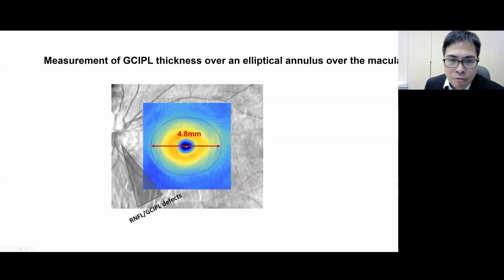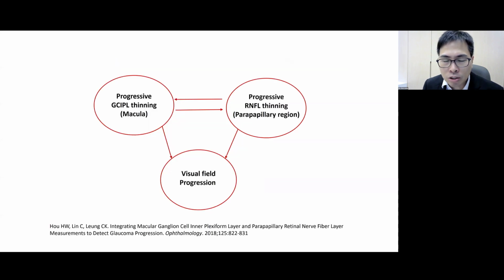So imagine if you have retinal nerve fiber defects developing outside the scan zone, you will not be able to detect abnormality. You will not be able to detect change. And that's why wide field assessment is important to maximize the opportunity to detect change.